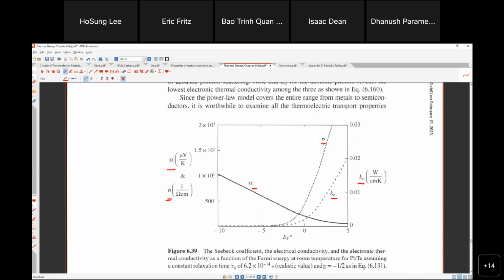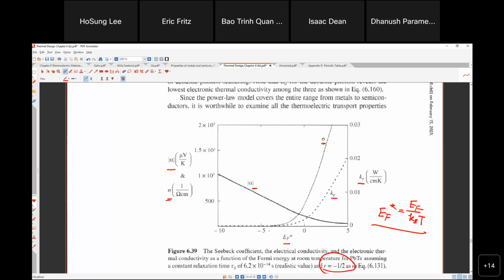We use the acoustic scattering assumption, so r is minus half. This is the reduced Fermi energy.